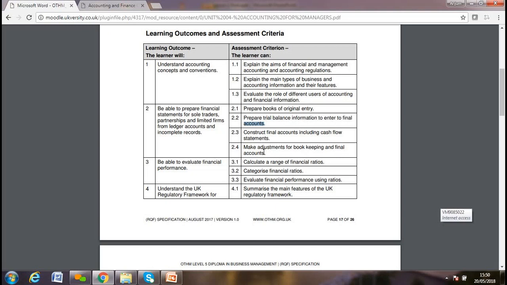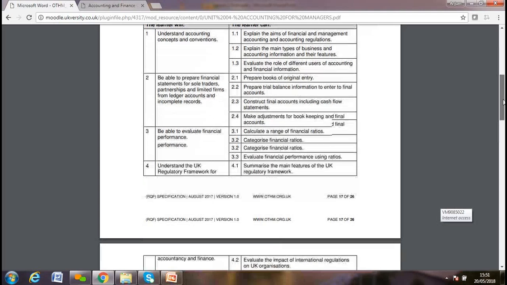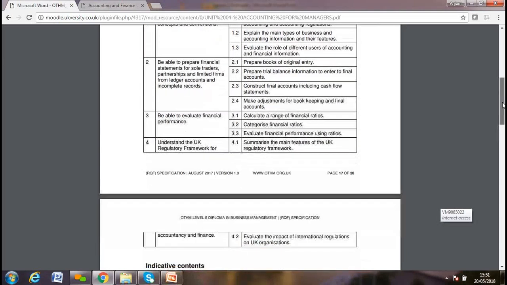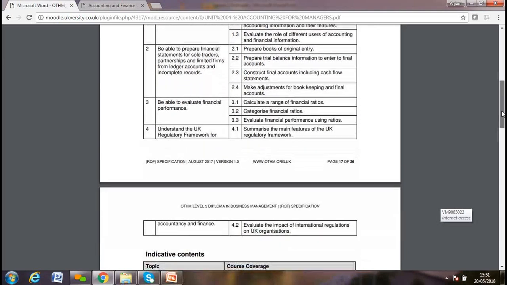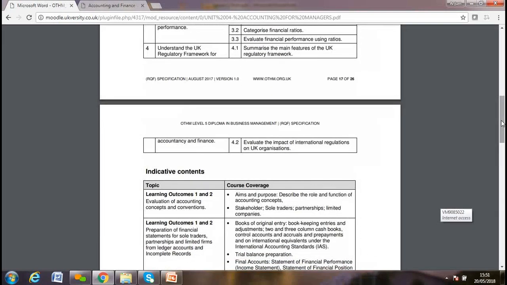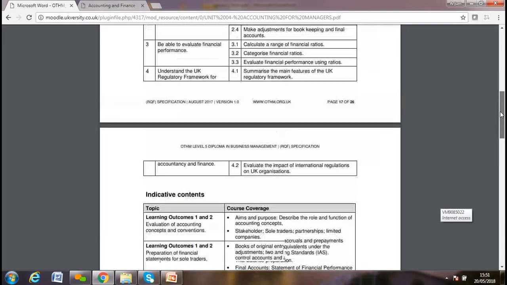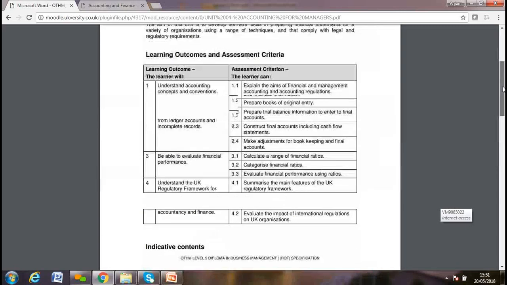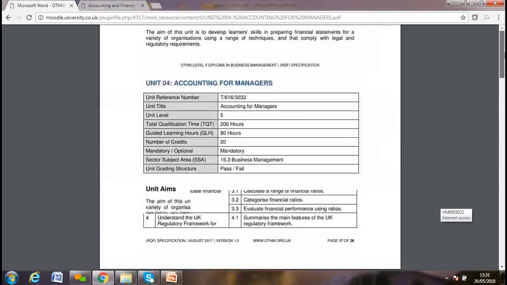That next lesson will address our LO2, and then we'll move to LO3, which is ratios, and LO4. We'll try to summarize everything in lesson 4, and I'll go through the assignment brief further as well.